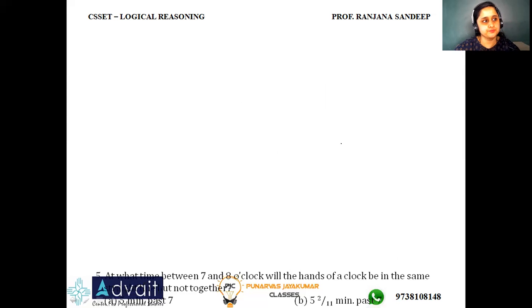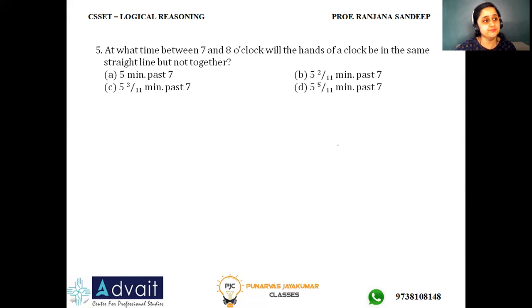So next, problem number 5. At what time between 7 and 8 o'clock will the hands of a clock be in the same straight line but not together? Okay, if you observe all the options, it seems difficult, but it's very easy.